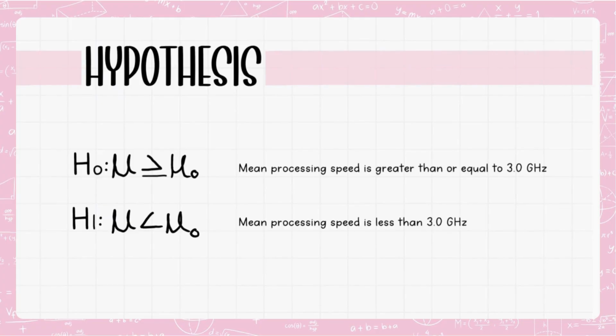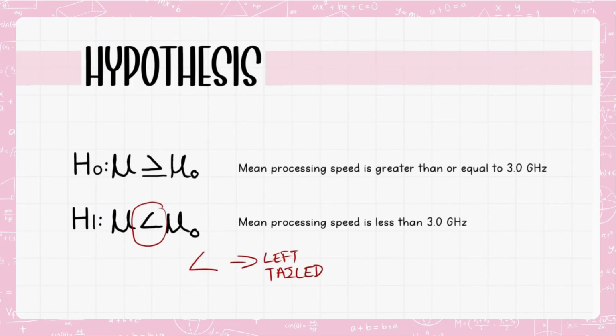Alternate is the one that you get in your question. Now look at the symbol here. If it's less than, then it means that it's a left tail test. Remember this, we'll need it later when we're finding the critical value.